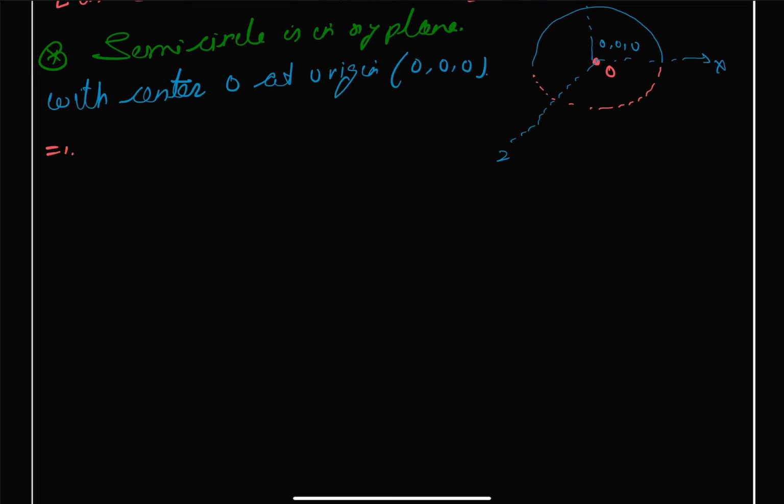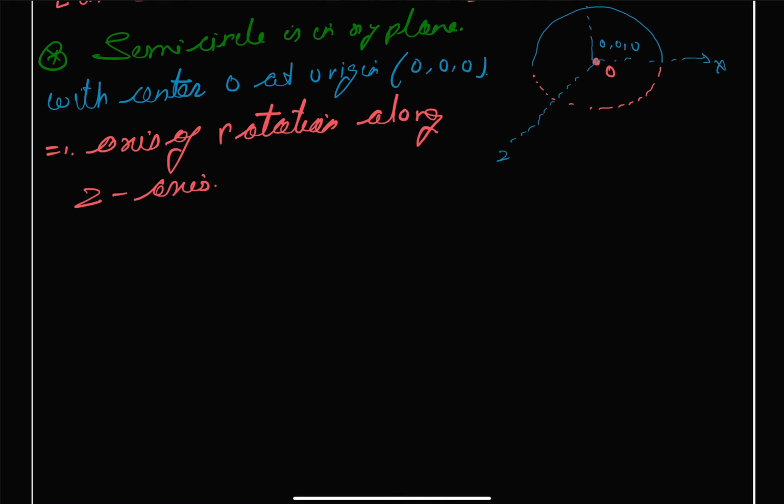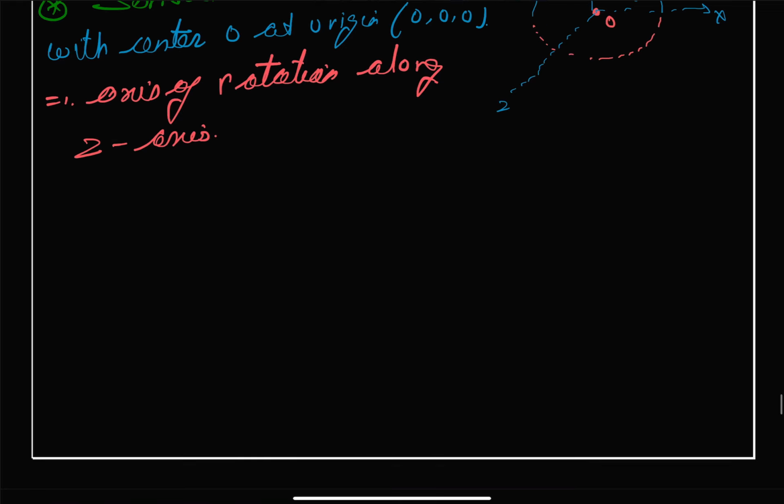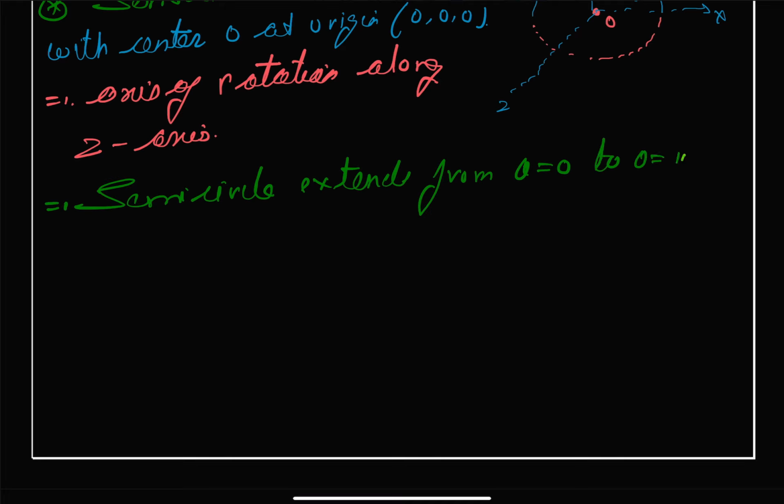Therefore, the axis of rotation is along the z axis, and with respect to angle theta, the semicircle extends from theta equal to 0 to theta equal to pi.